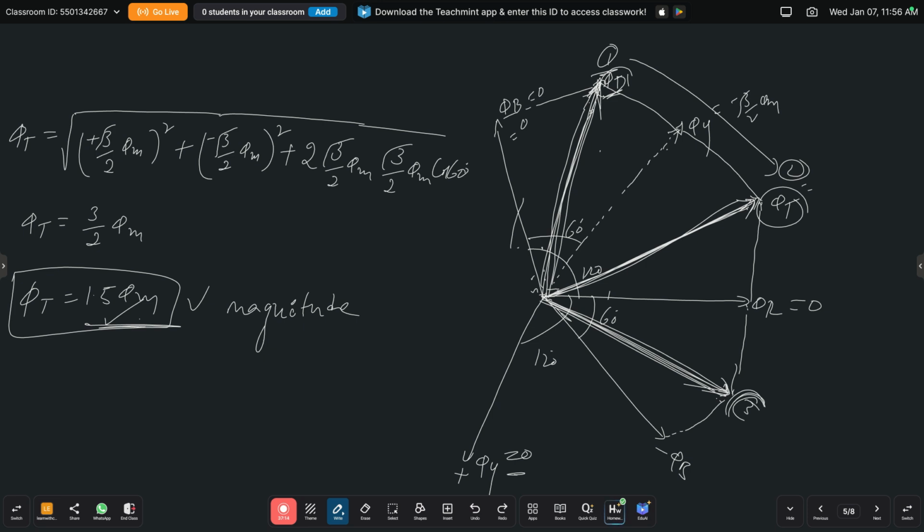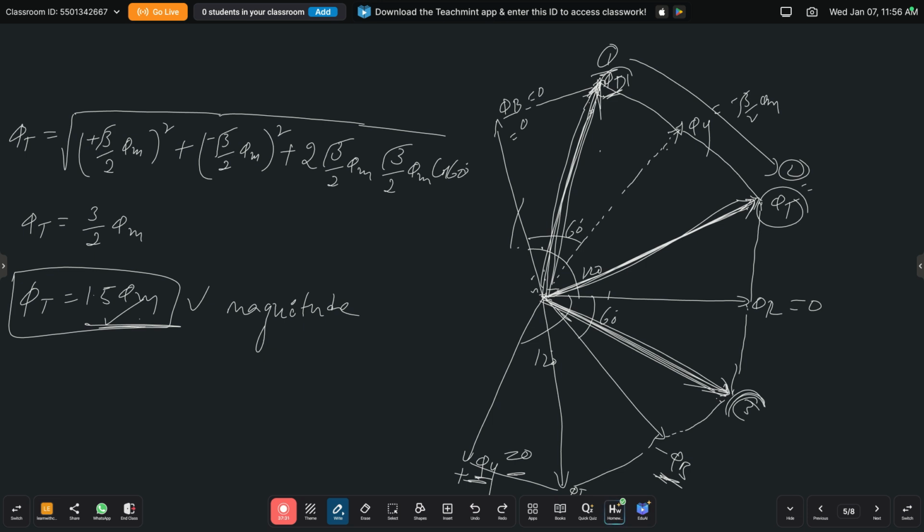Now minus phi b is there. So now the vector sum of phi y and minus phi b is the resultant vector, this is the phi t, total flux or resultant flux.